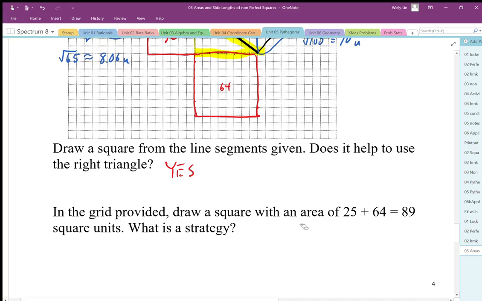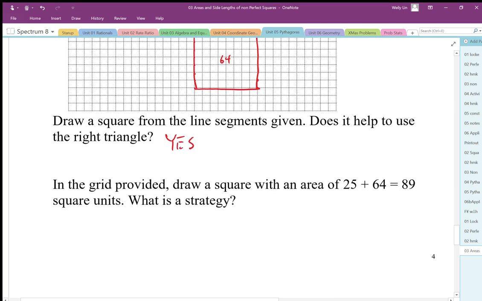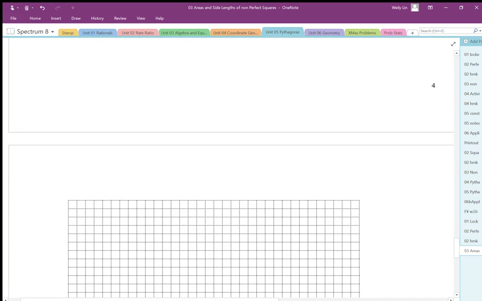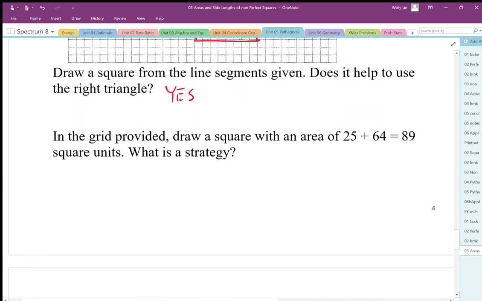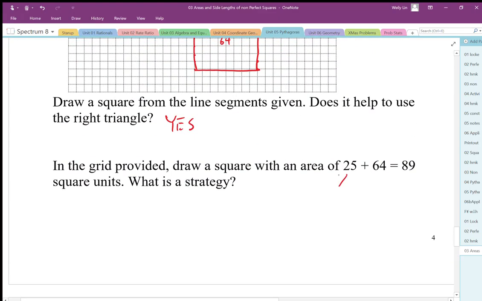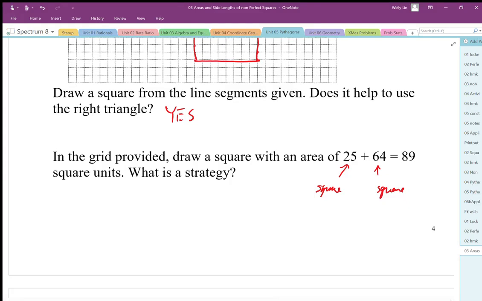On the grid provided, draw a square with an area of 25 plus 64 equals 89 square units. Yeah, that seems like a random question, but one thing I do notice is that this is a perfect square, and this is a square, and I need to draw a perfect square with 89.